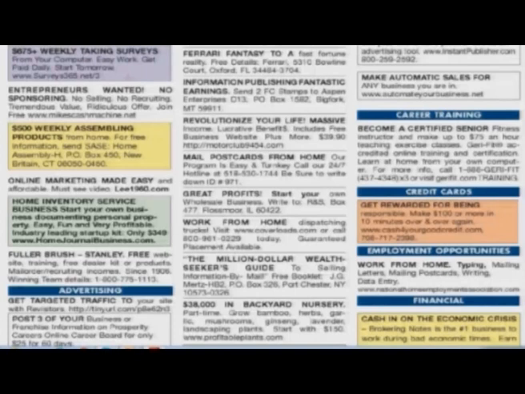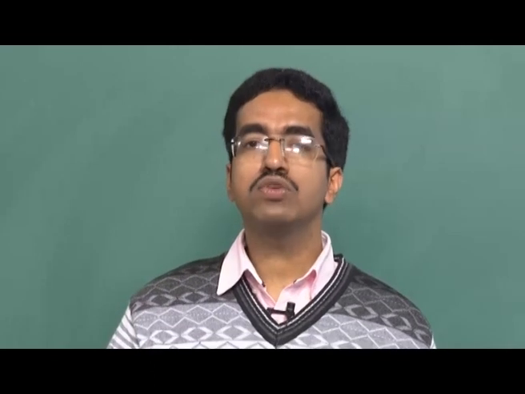Similarly, if you are looking for a house to rent, you will look at the section for rent, and then you will go through those, and again you will use your keywords. Say for example, I am looking for a 2 BHK house. Then within those ads you will be trying to locate the keyword 2 BHK and zero in on only those specific ads.